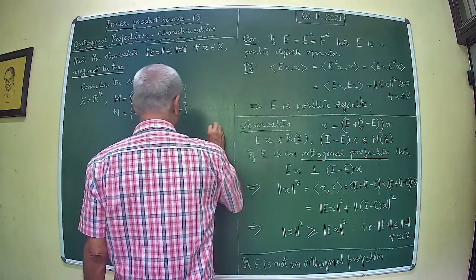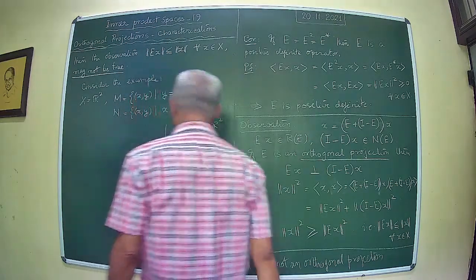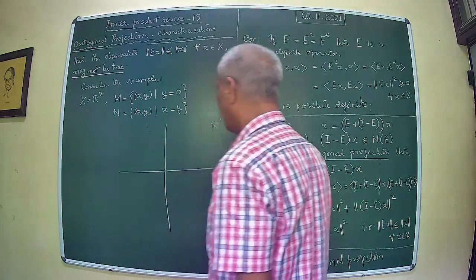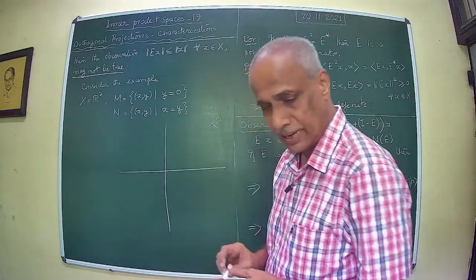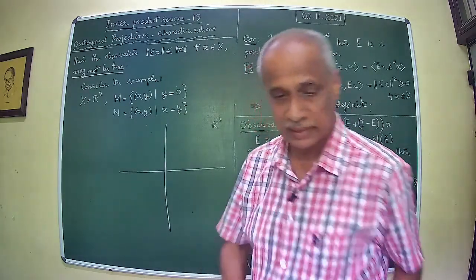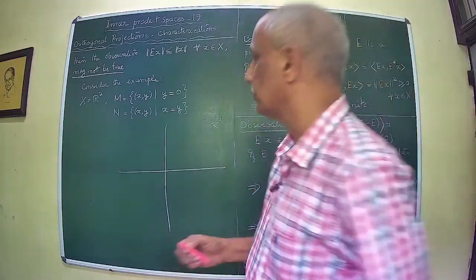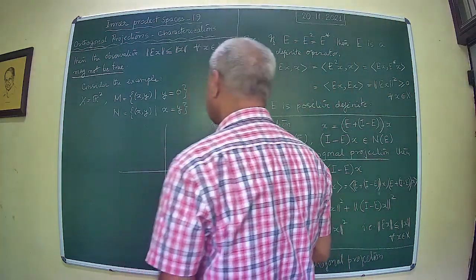So once again we go back to our old picture. This is your R2, spanned by e1 and e2. And then you have M, of course, which you take as this one.